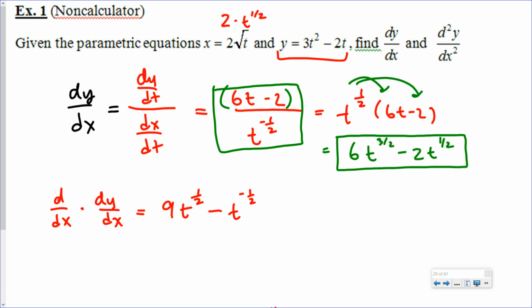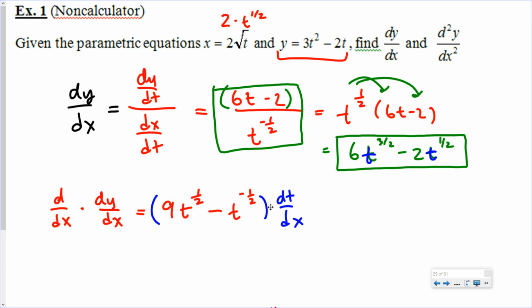But there's something I'm missing: dt/dx. Why is there a dt/dx? Because I'm doing the derivative with respect to x, right? But this has t's. So I take the derivative like usual, but I have a dt/dx, just like on some of your tests, because some of you guys forgot it.